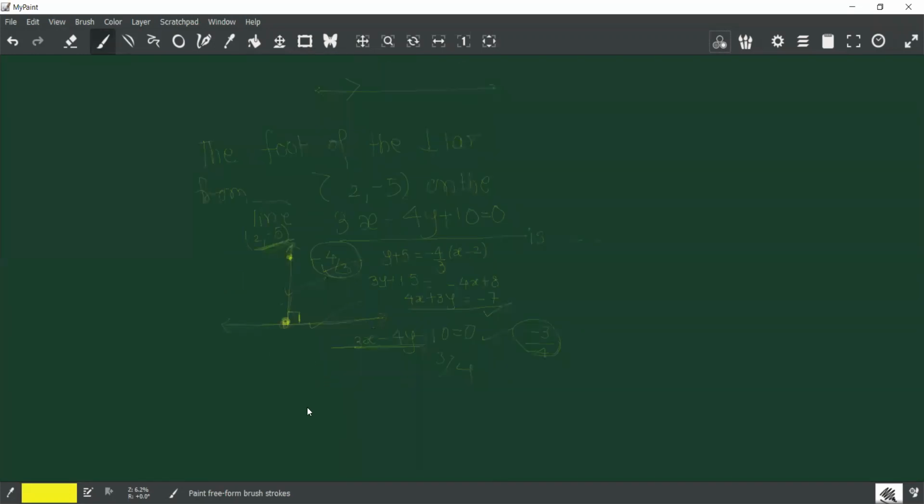You have to solve the equation 3x minus 4y is equal to -10. ये एक इक्वेशन है. एंड दूसरा इक्वेशन जो अभी अपना आया वो 4x plus 3y is equal to -7.